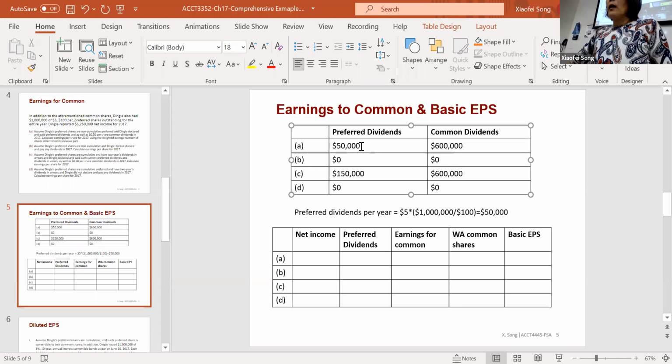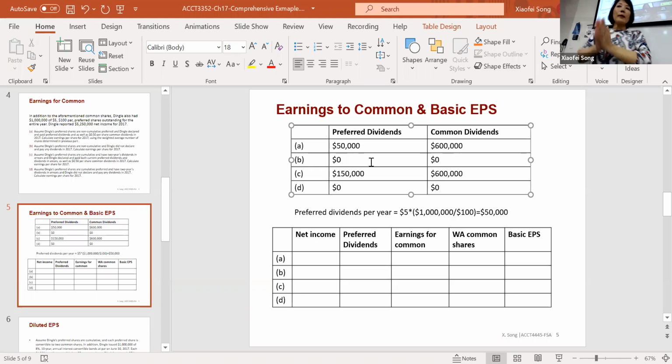Okay, so when we compute earnings available to common shareholders, we subtract preferred dividends based on whether it's paid or not, how much is paid, or whether it's cumulative or not. We do not subtract common dividend.